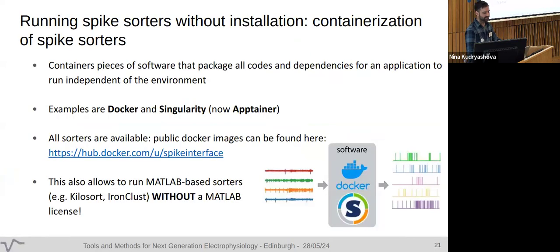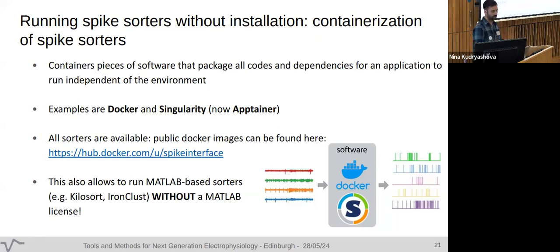So the next thing that I mentioned at the beginning as very hard is to install these different software, right? They come with different technologies. Some of them are in MATLAB, C++. They might have conflicting dependencies as well. So it would be very challenging to have many, if not all, different sorters installed in the same environment. So what we did was build containers for each of these spike sorters.